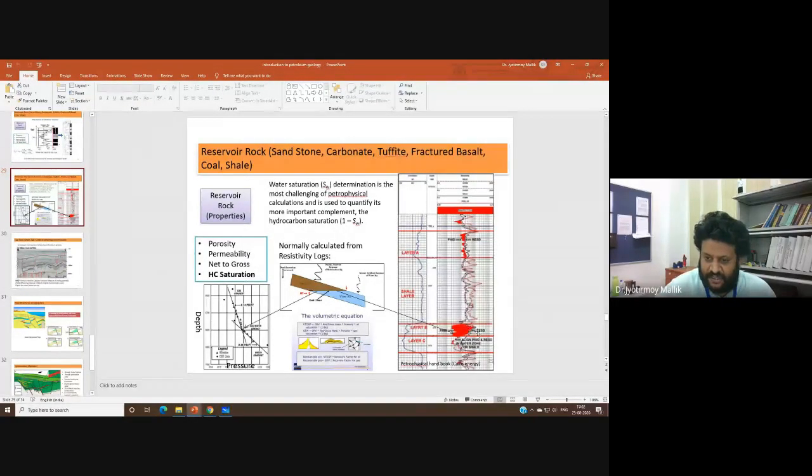Hence, there is a sharp drop in the resistivity curve wherever there is a contact between hydrocarbon and water. The same thing can be figured out from pressure data, and such pressure data are called RFT data. RFT, I'll just write it for you.